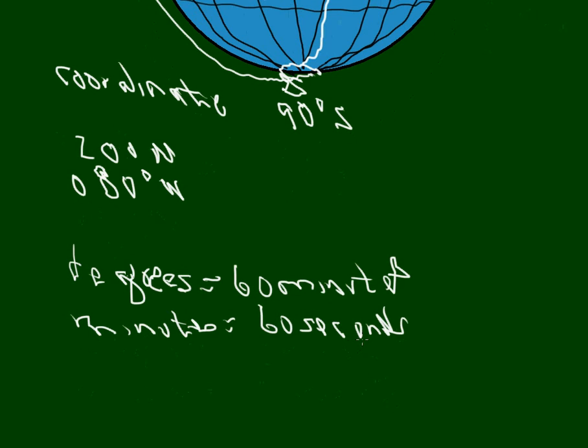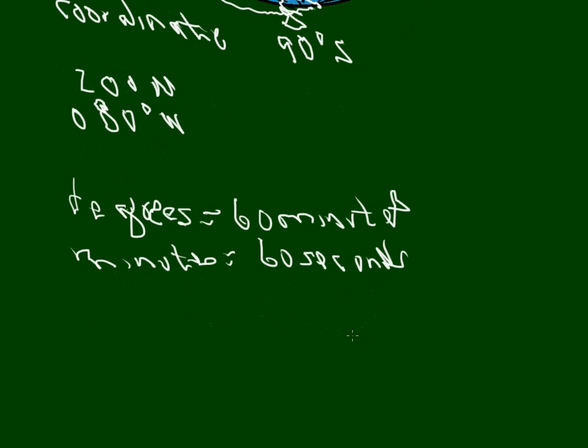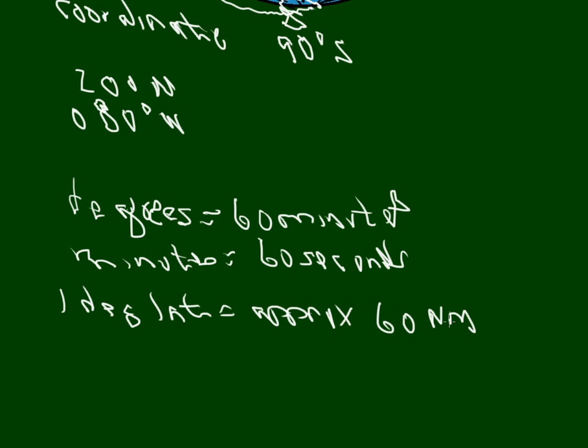A degree of latitude, 1 degree of latitude, equals approximately 60 nautical miles. So if 1 degree of latitude equals 60 nautical miles, then 1 minute of latitude equals approximately 1 nautical mile.